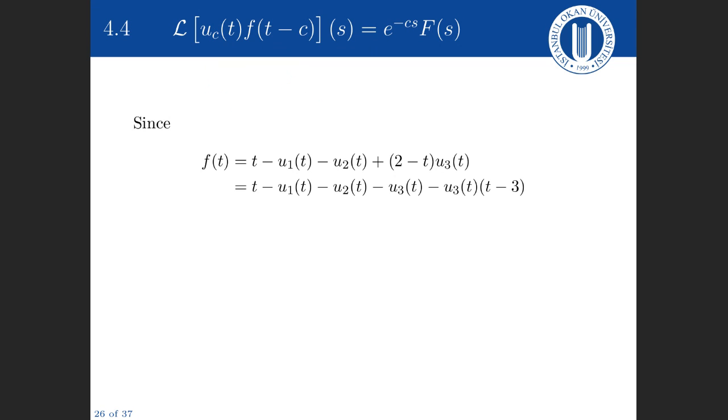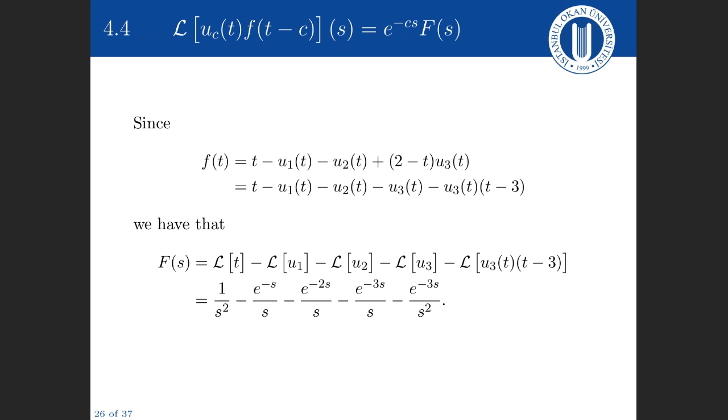We have to write the function like this. T minus u1 minus u2, that's the same as before. And then minus u3 t minus 3. And this is the form we want because now we have the same number here, number 3 and the number 3.